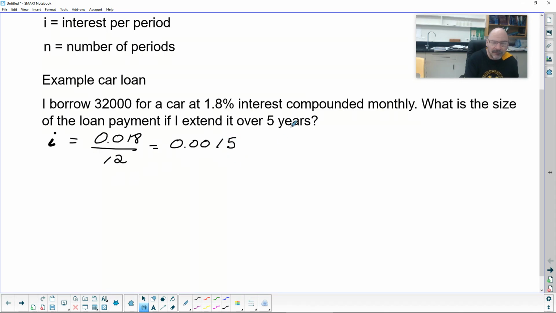Now there's 5 years, so we're paying monthly. Our n value is 5 years times 12 months a year to get 60 months. Okay, and then we need to also know what our principal amount is, and that's the $32,000 we want to borrow.